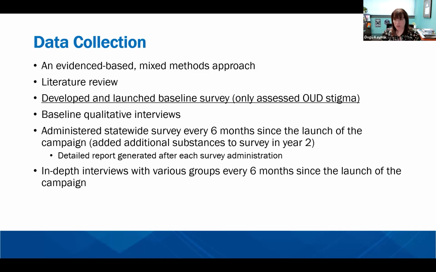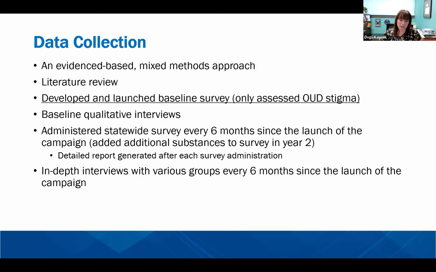So when we constructed this survey, there were no comprehensive substance use stigma surveys out there. So we started by reviewing the current stigma measures that were available. Many of them focused on mental health and HIV stigma, and so we adapted items from those existing surveys. Some items were modified, some were kept the same.